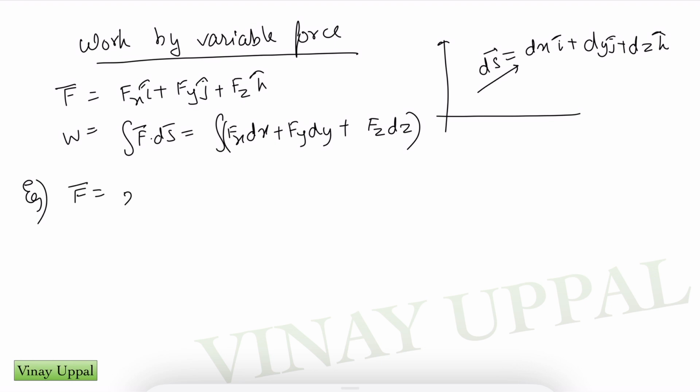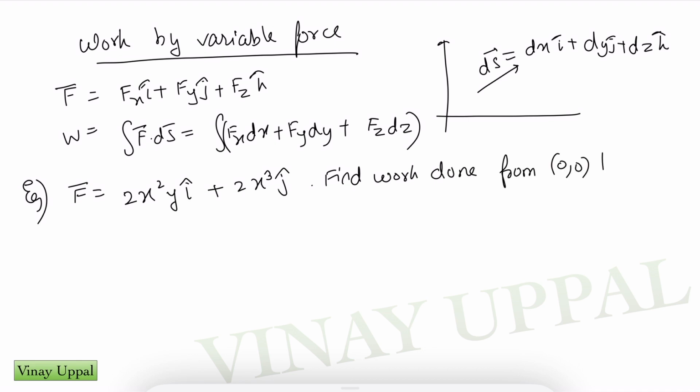So let's say the force is given by 2x squared y i cap plus 2 by 3 x cube j cap. And the question is saying find the work done from, let's say, 0, 0 to 2, 1.